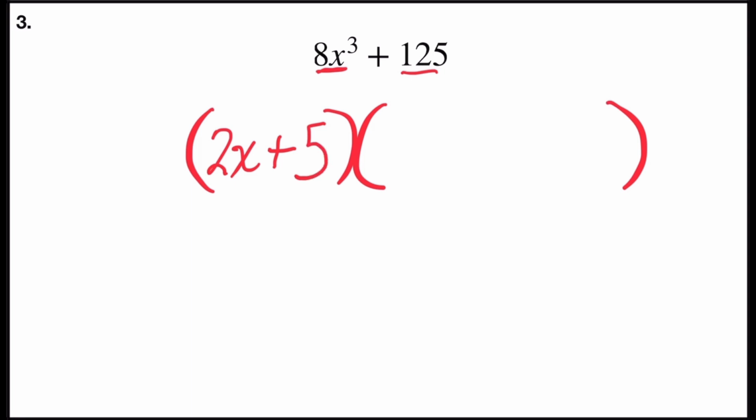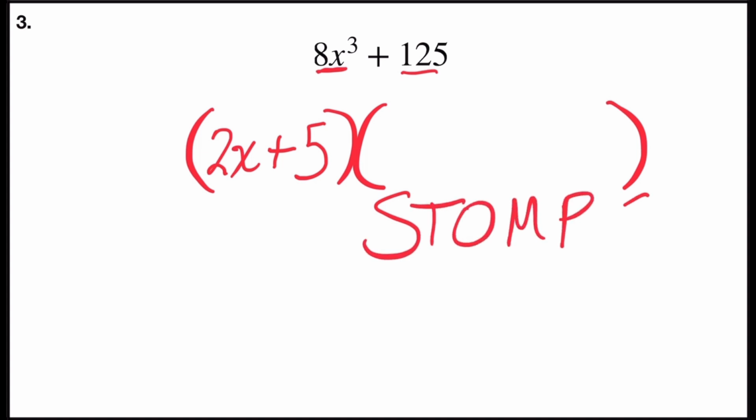And now for my memory trick to help me with my trinomial. It's the word STOMPS, S-T-O-M-P-S. Remember, the S stands for square, so 2x times 2x is 4x squared. TO stands for the opposite, so I'm going to take the opposite of plus, which is minus.